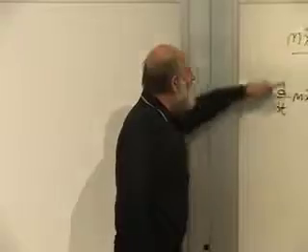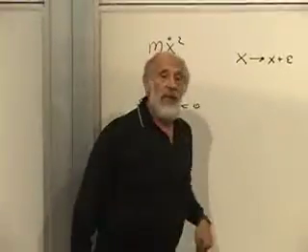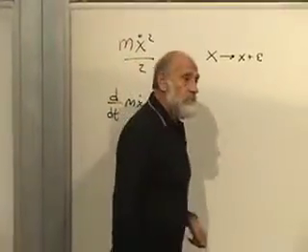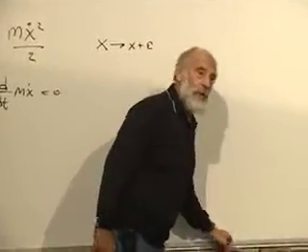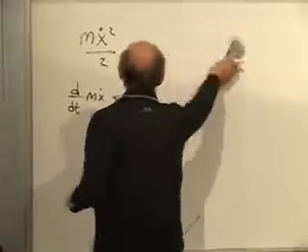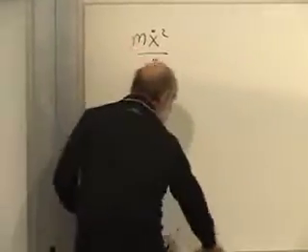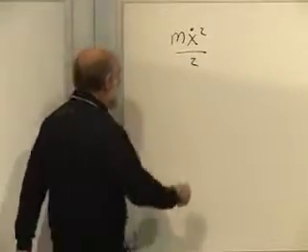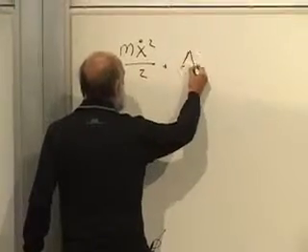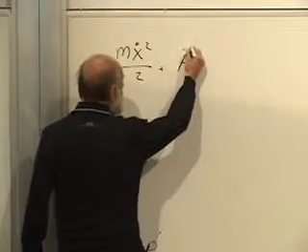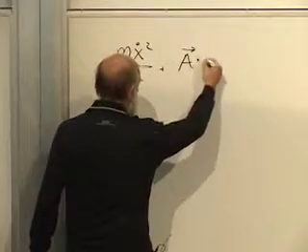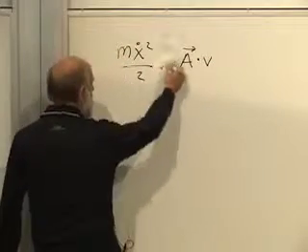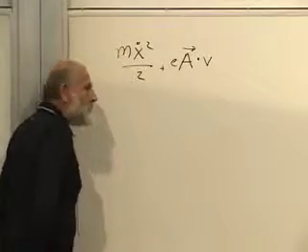Anybody know what the Lagrangian is for a particle moving in a magnetic field? Right. There's another term, the vector potential. The vector potential, which is a vector field, plus the vector potential dotted into the velocity with the electric charge here. All right.